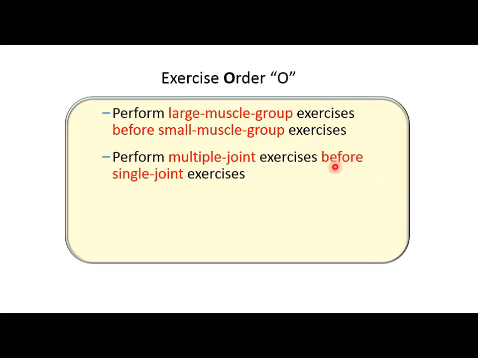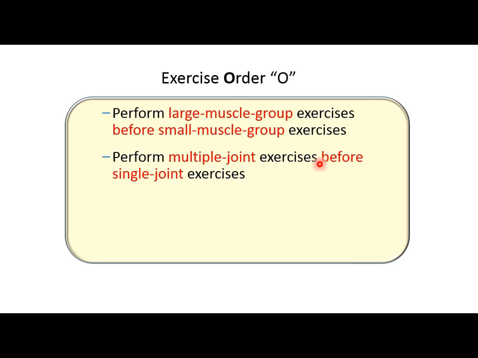These two concepts are, of course, related. So if you have a particular workout session in which you're doing, let's say, squats, deadlifts, bench presses, bicep curls, and my favorite thing of all time, calf raises, you wouldn't want to lead off with calf raises. You wouldn't want to lead off with bicep curls.